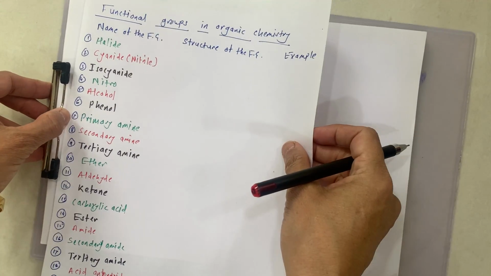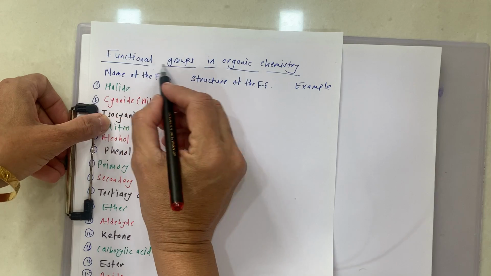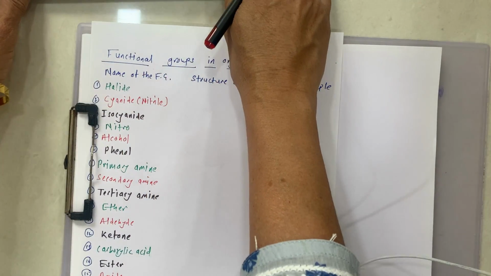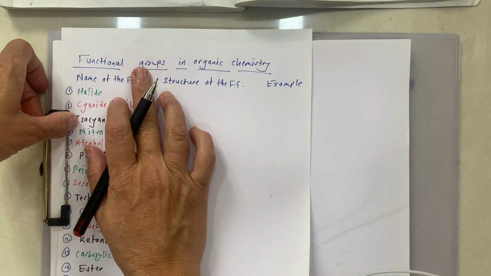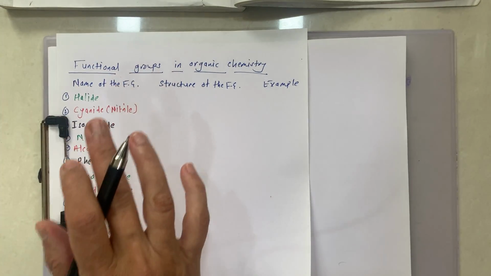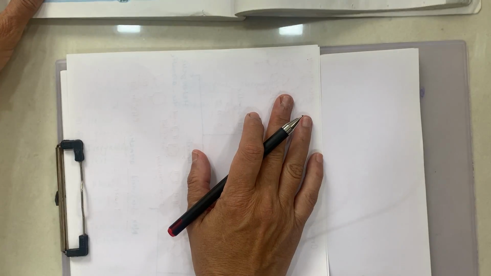Now we will see the next type of classification, that is based upon functional groups in organic chemistry. What is functional group? We have to know this first.